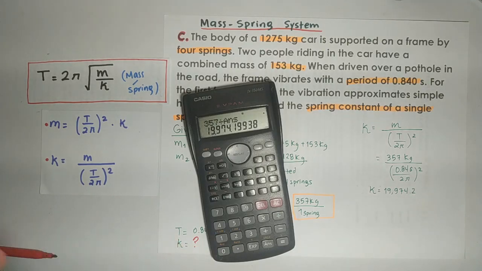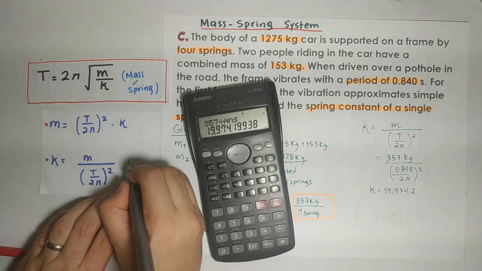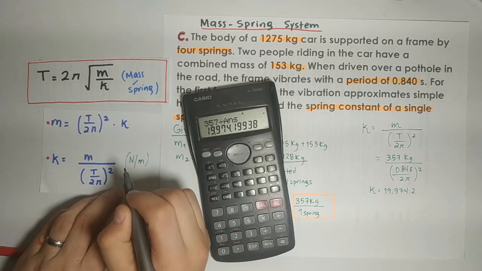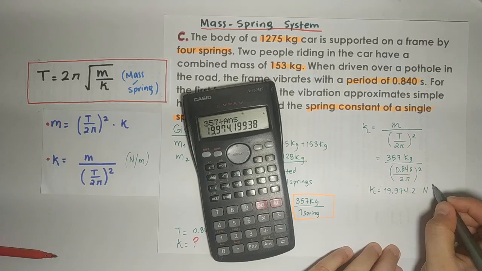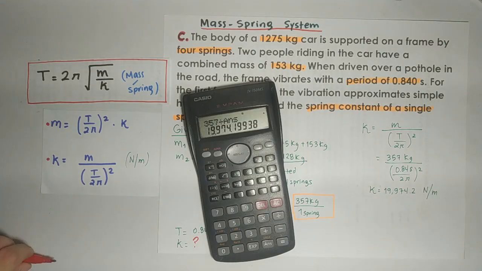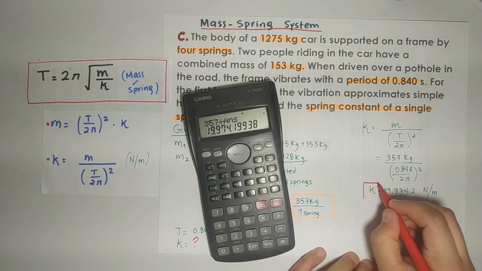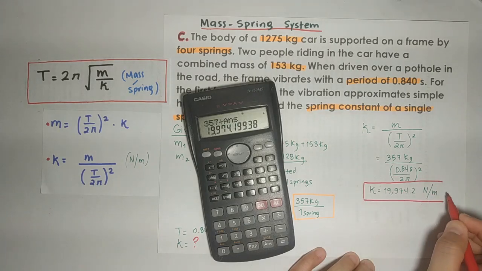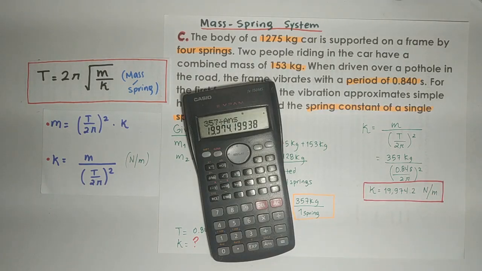Now remember, the units for the spring constant are newtons per meter. There you go. This is my answer for my spring constant.